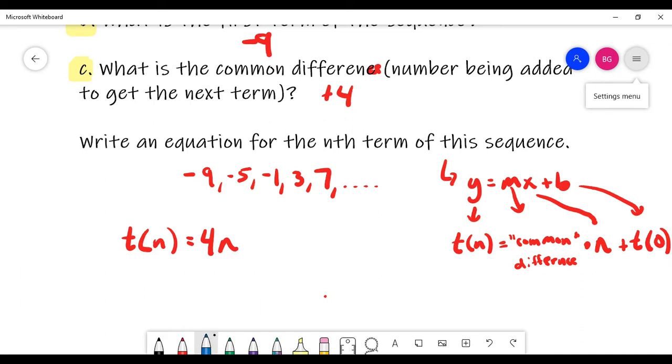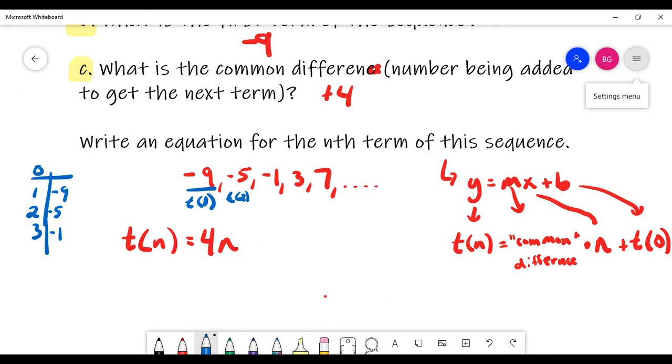To find t of 0, you first need to locate your first term in the sequence. We already did that above. -9 was our first term, which means that's our t of 1. As we continue, t of 2 is the second term, or when n is 2, we get -5. We can do this with a chart as well: 1 would be -9, 2 would be -5, 3 would be -1.